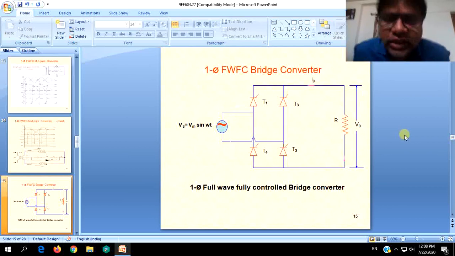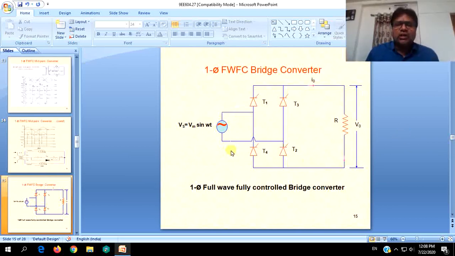Just to go through the circuit, single phase sinusoidal supply voltage is there. During the positive half cycle, this upper terminal acts as phase, bottom terminal acts as the return or neutral.